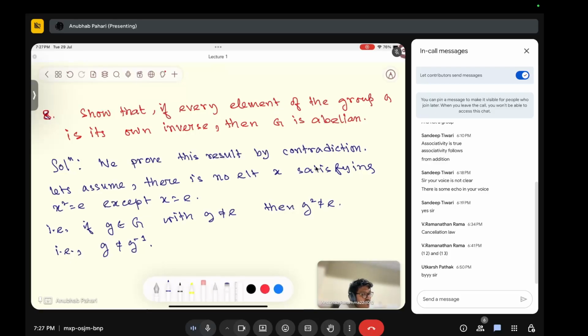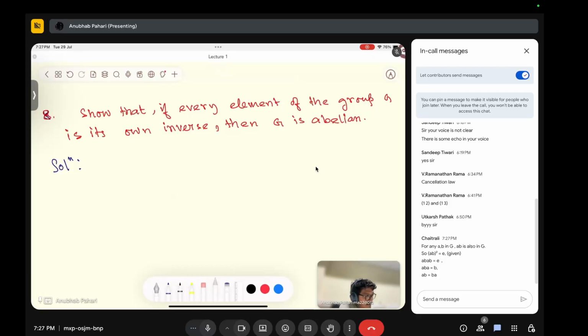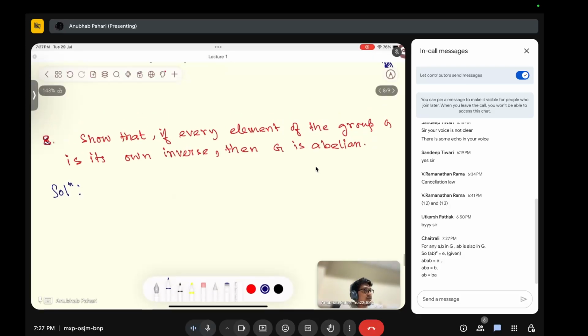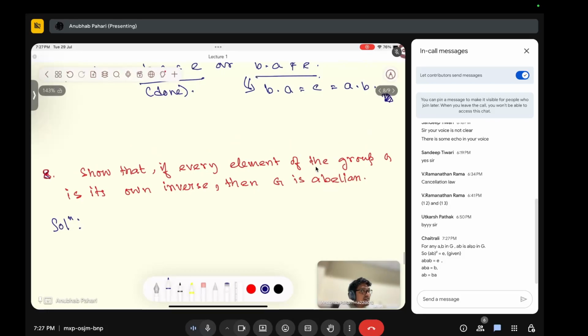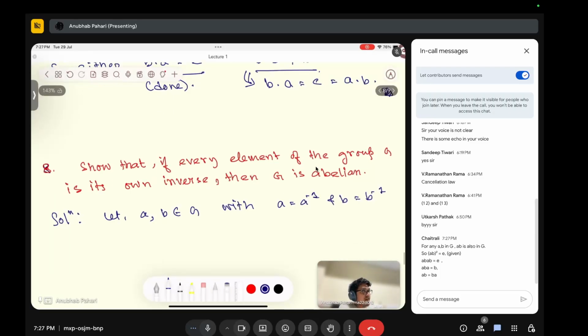Oh no, we don't need to do it this way. Just simply use another trick. So let a, b belong to G with a equals a inverse and b equals b inverse.